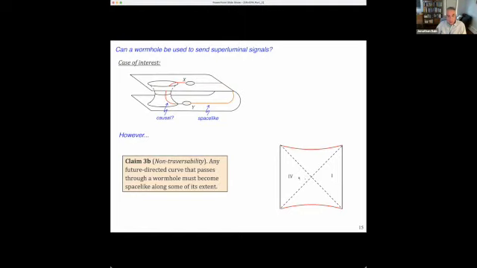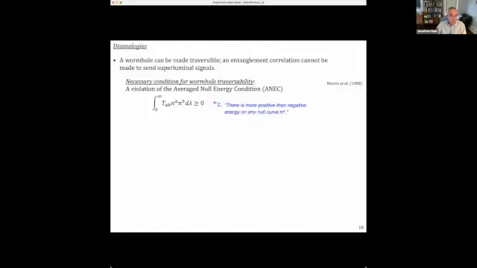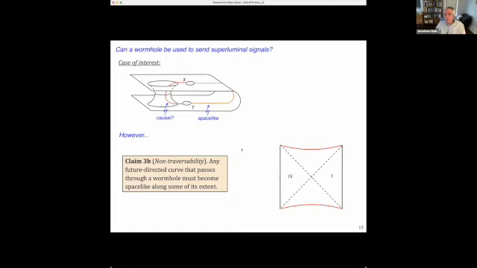And the claim is any curve that connects the two regions, that intersects the event horizon at some point along its trajectory, has to become space-like. Right, so that's the non-traversability of wormholes claim. Does that make sense? And again, Maldacena and Susskind suggest this claim about wormholes is the dual of the no-signaling theorem for entanglement.